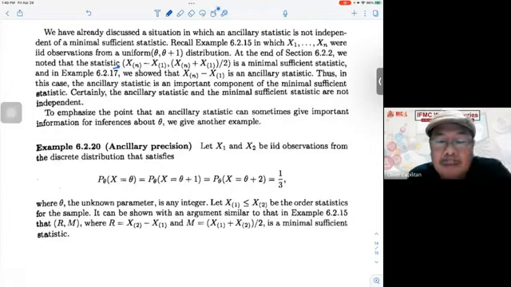And then in example 6.2.17, we have shown that the range is an ancillary statistic.